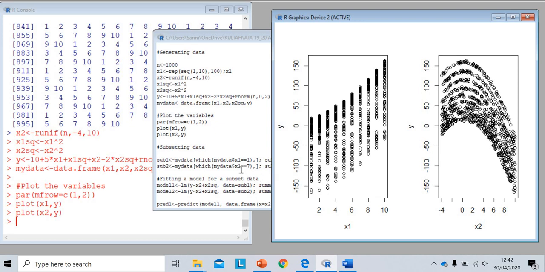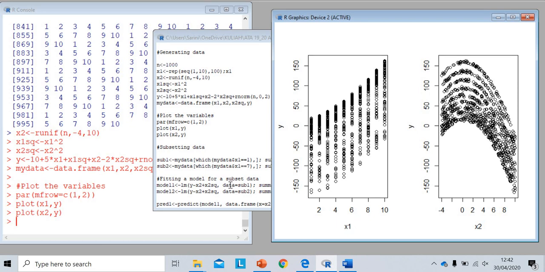Again, to check whether we need to put an interaction term between x1 and x2, you have to check whether the effect of x1 on y is different for different levels of x2, or the other way around, that is, whether the effect of x2 on y depends on the level of x1.